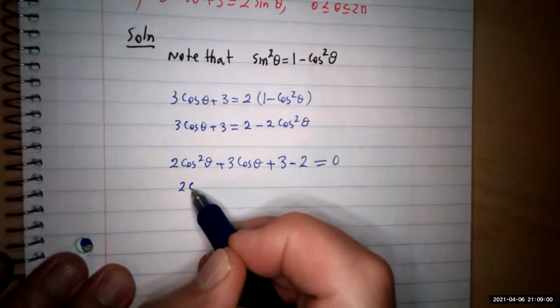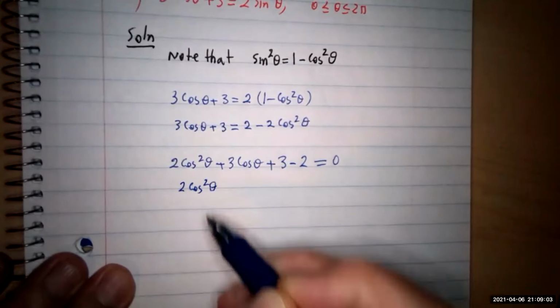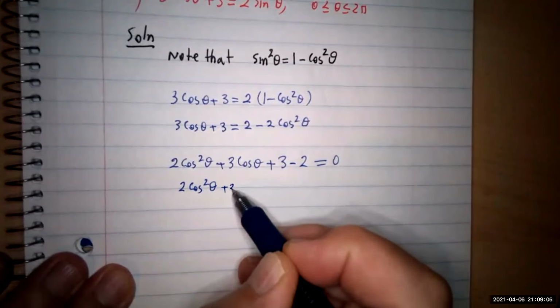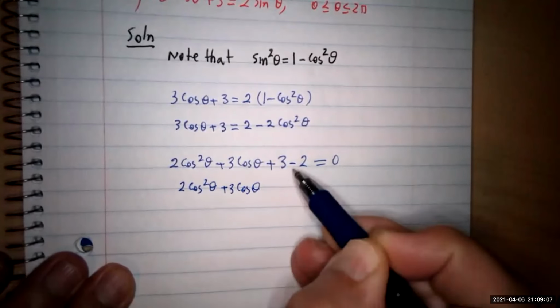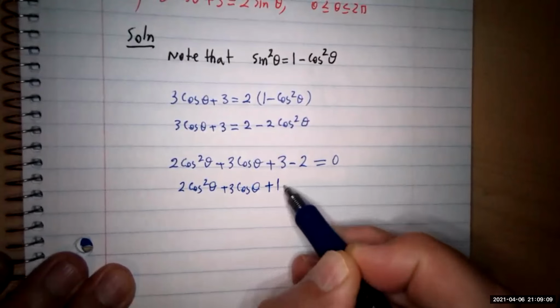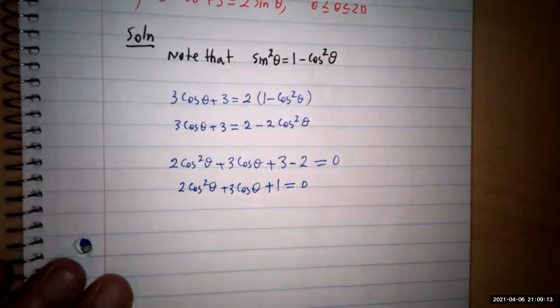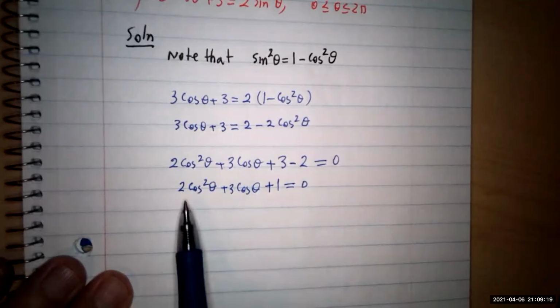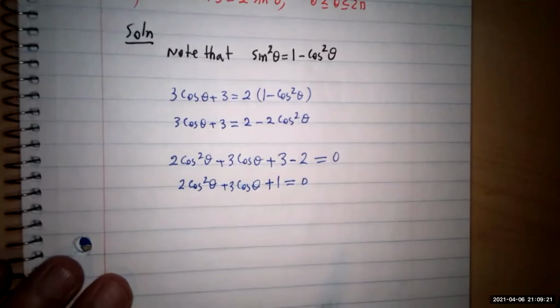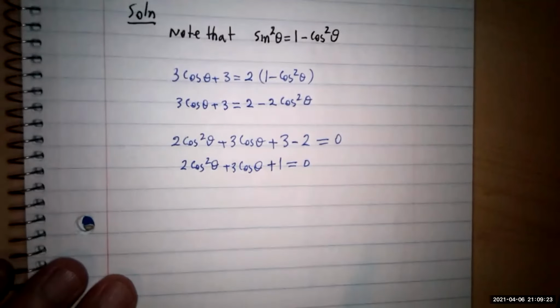That gives you 2 cosine squared of theta plus 3 cosine of theta plus 1 equal to 0. You get a very similar equation to the other one. Now it's a quadratic, but it's quadratic in cosine, and that doesn't matter. It's not a big deal.